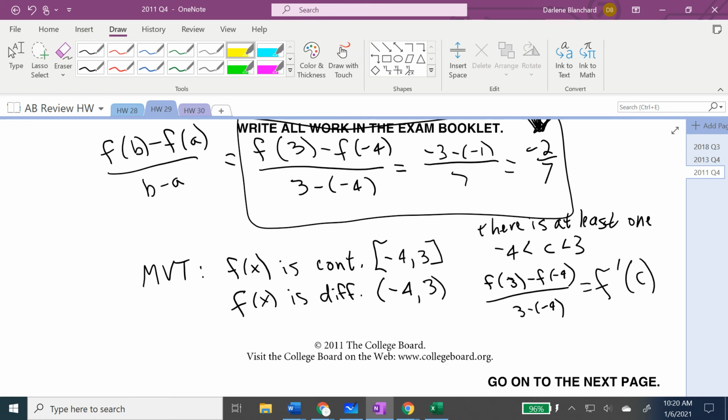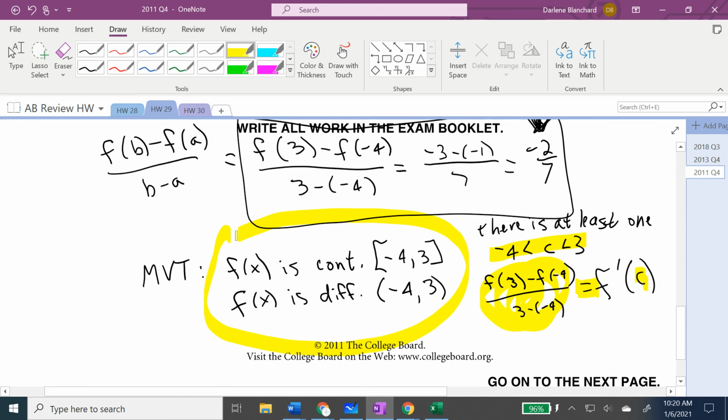Now, what the problem said was that this isn't true. There is no c in this interval that is equal to the average rate of change. That means one of these two has to be untrue for some x in the interval.